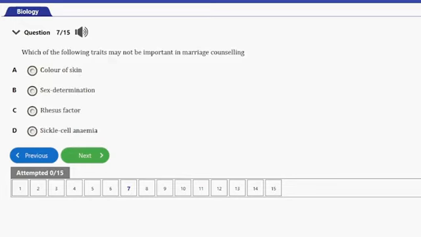It says, which of the following traits may not be important in marriage counseling? A, color of skin, B, sex determination, C, rhesus factor, and D, sickle cell anemia. Obviously the answer to this question is option A, and that's color of skin.